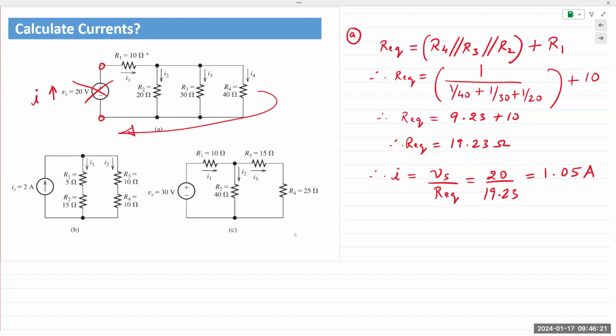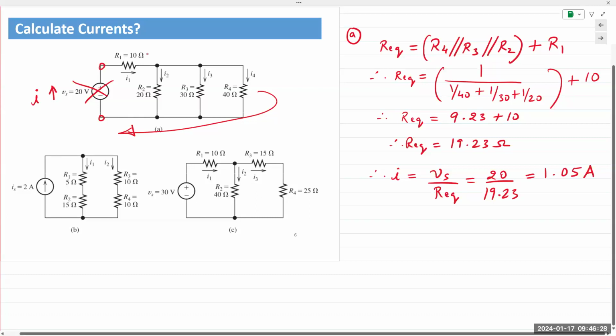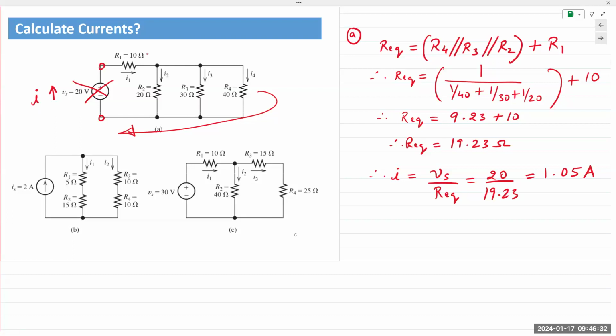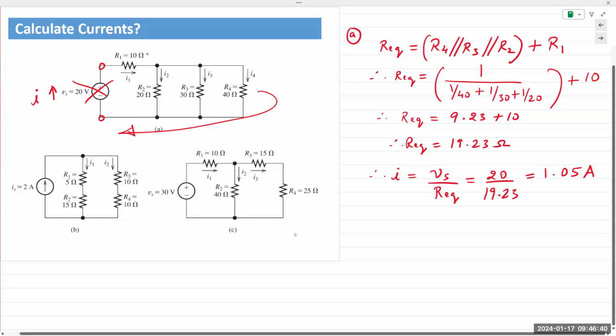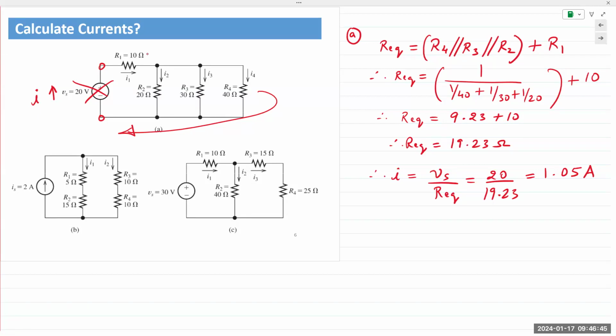All right, 10-second pause. Any questions? Straightforward enough?